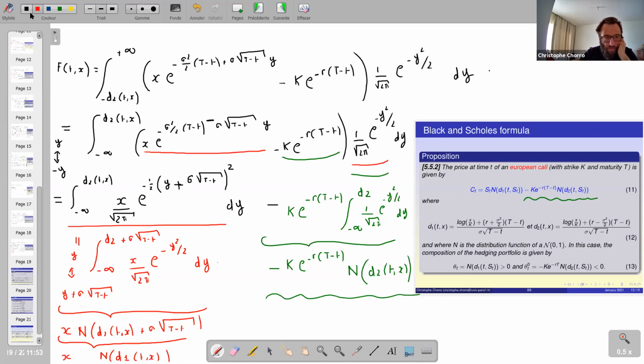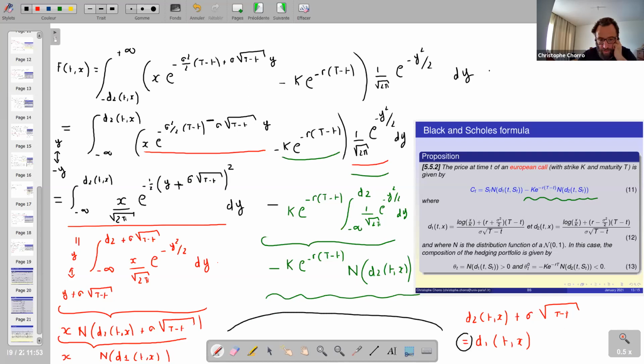I repeat that I have just used here the fact that d2(t,x) plus sigma the square root of capital T minus t, with my notations here, is equal to d1(t,x). And this relation is plugged here.